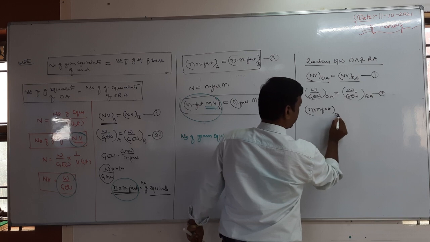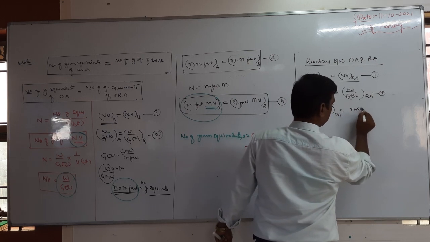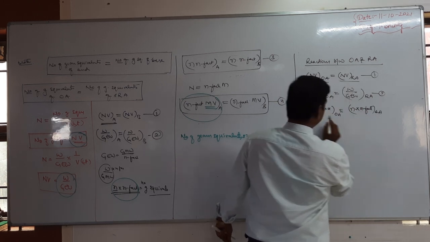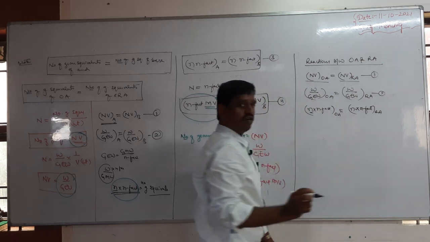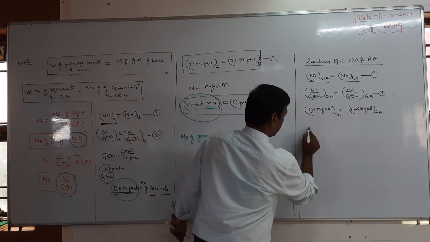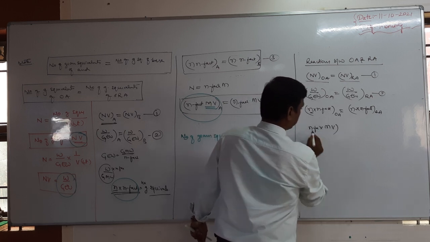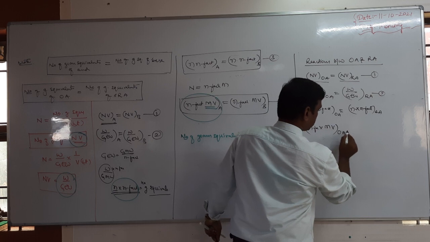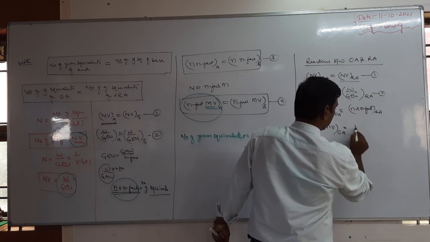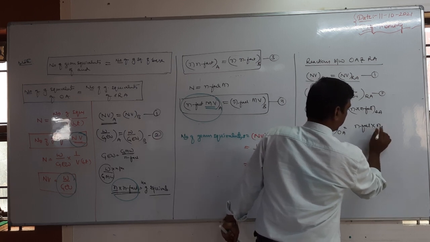Third, n into n factor of oxidizing agent is also equal to n into n factor of reducing agent, where n is the number of moles. Next, in another form, n factor into M into V of oxidizing agent is also equal to n factor into M into V of reducing agent.